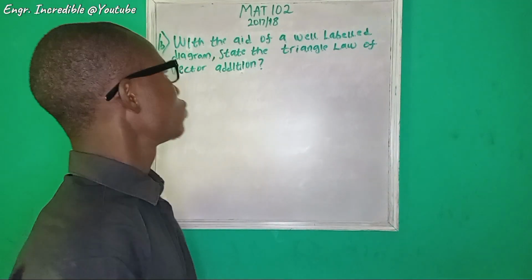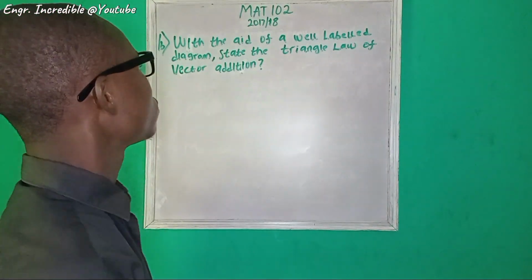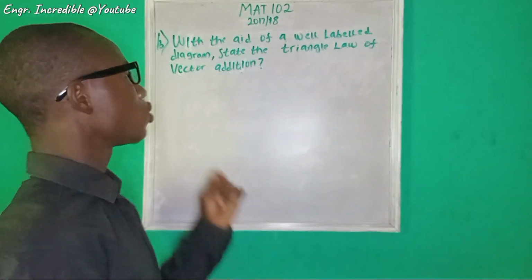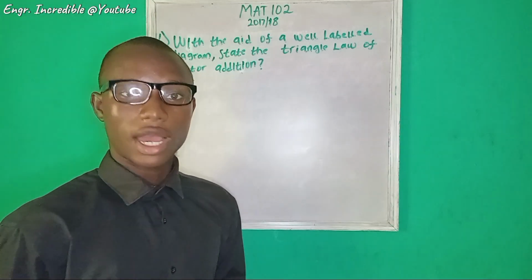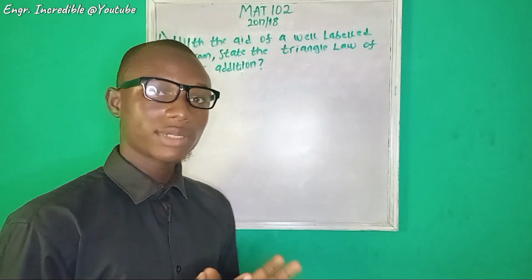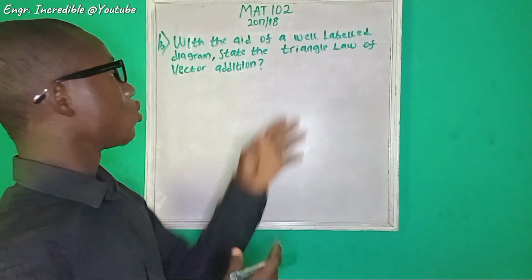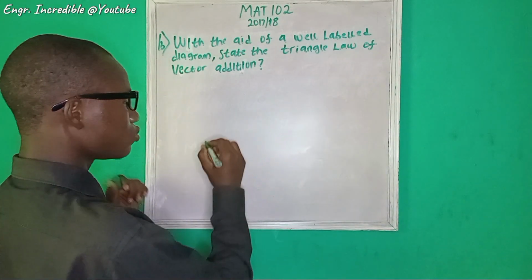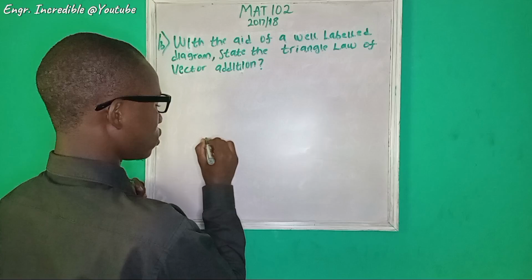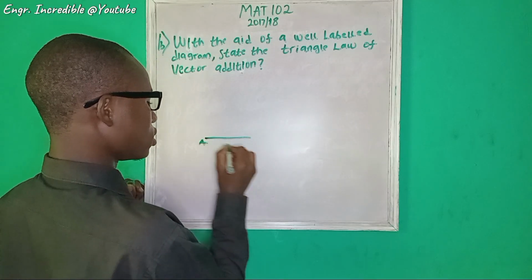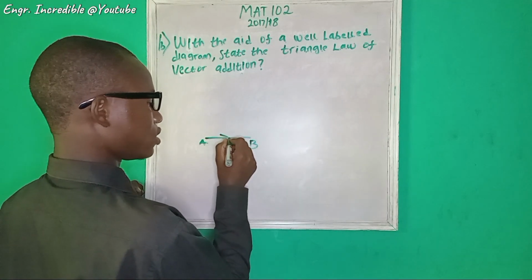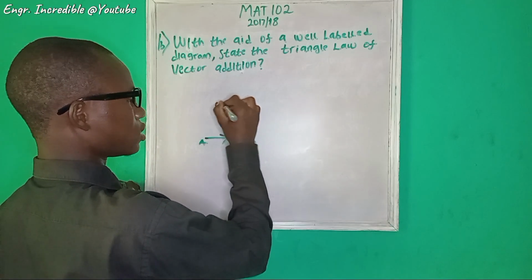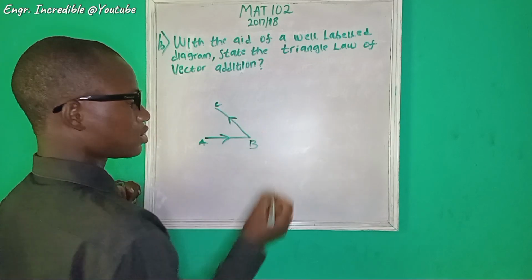So now question 1B says, with the aid of a well-labeled diagram, state the triangle law of vector addition. The triangle law of vector addition goes like this. Let's say we have a line from A to B moving in this direction, then another line from B to C also moving in this direction.